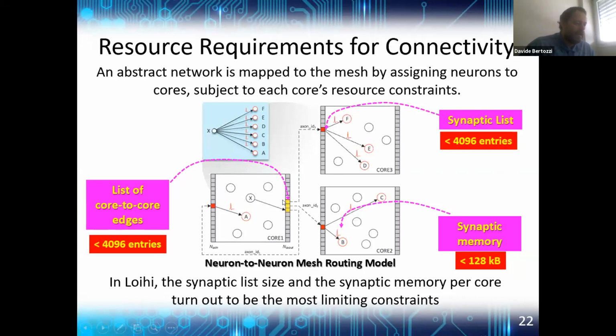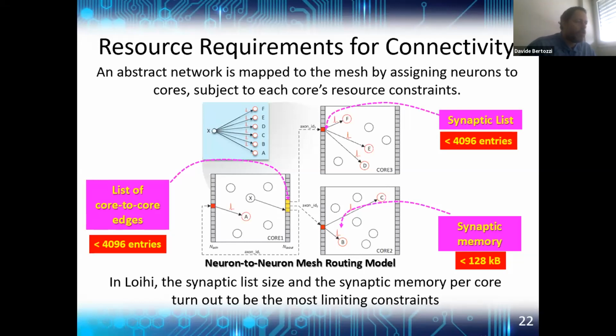So each neuron fan-out edge is projected to a list of core-to-core edges, represented here in yellow. We need to program the connectivity of this neurocore to 3 other neurocores, and you need a programming table for that. You need memory for that.